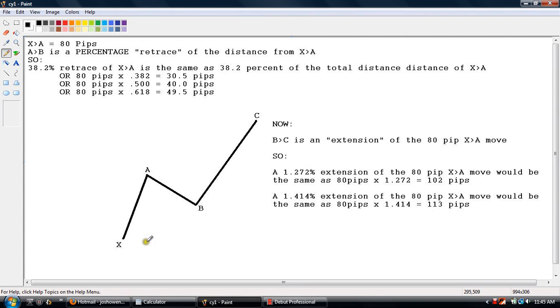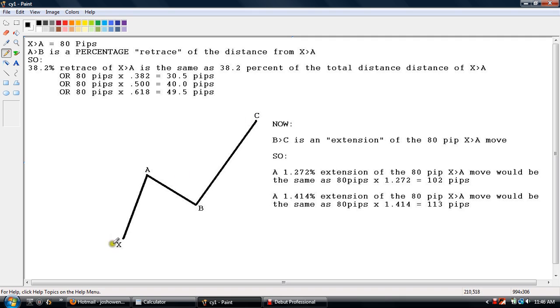Okay, Papa, this is the first video of three that I'm hoping to get finished today for you on the cipher pattern. And I thought it might be a good idea to just leave all the charts and Fibonacci tools and all that stuff out of it and just go over some basic geometry here of the XABC cipher pattern.